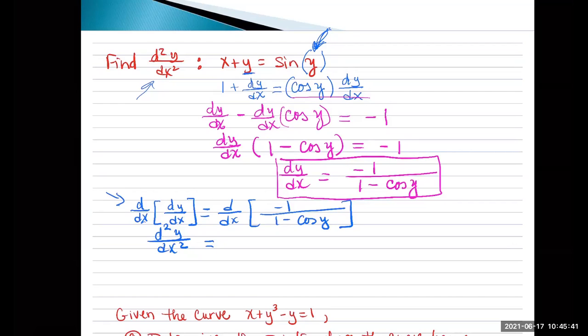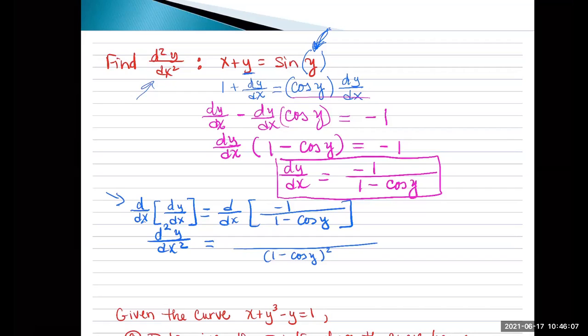On the right-hand side, when I take that derivative, what rule should I use? Yeah, we'll just use the quotient rule. So when we use the quotient rule, on the bottom, I have the bottom squared.